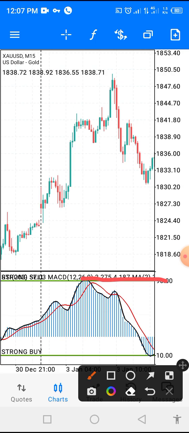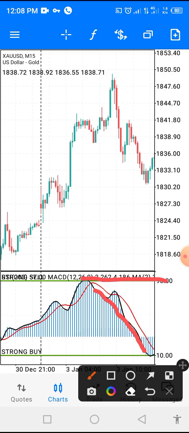Once the moving average crosses over the MACD, mind you, the moving average will be below the MACD. Once the moving average is below the MACD, it means the market is going down. So I don't know if you get the 2 points. Once the moving average is above the MACD, it means the market is going up. And when it's below the MACD, it means the market is coming down.